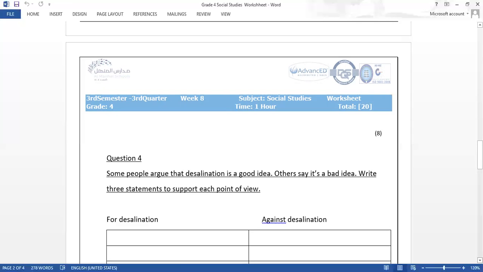The pros are: you can supply fresh water every day. Second, you remove the salt from the seawater to get fresh water.